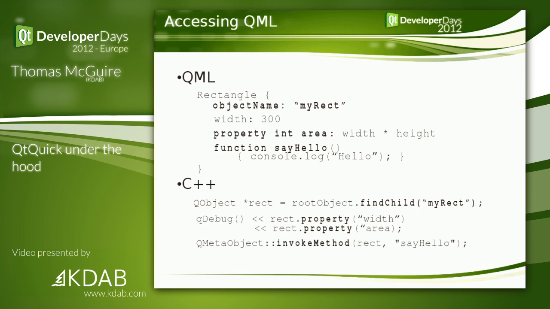And you might have noticed one thing that's a bit unusual about this. We know width is a property. It's declared in a header file with Q_PROPERTY, right? But what about area here? If you look in the QtQuick rectangle header or the QtQuick item header, you won't find Q_PROPERTY for area.